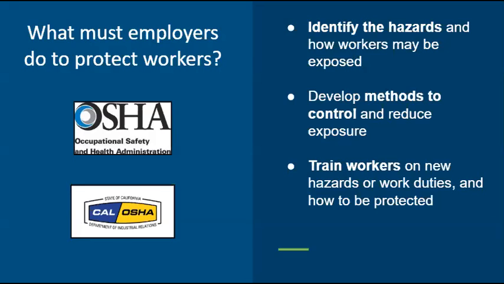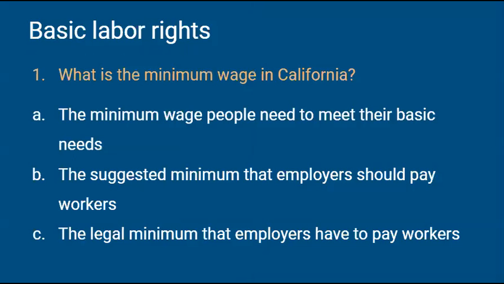Yeah, great. Okay, so now we're going to do a little Q&A around basic labor rights. So Alejandra, do you know what the minimum wage is in California? A, the minimum wage that people need to meet their basic needs? B, the suggested minimum that employers should pay their workers?